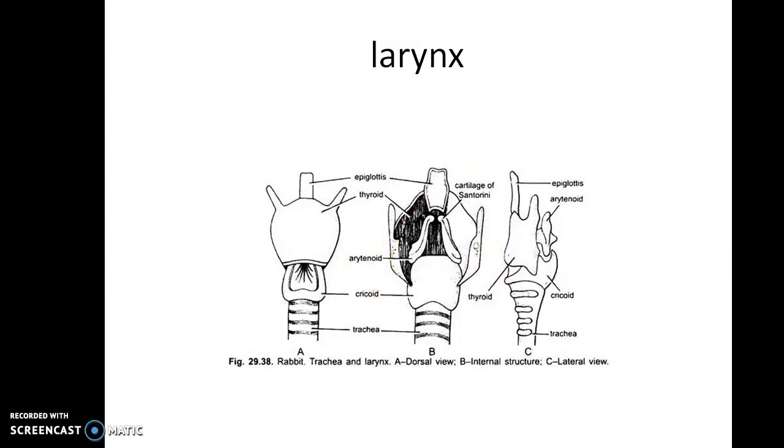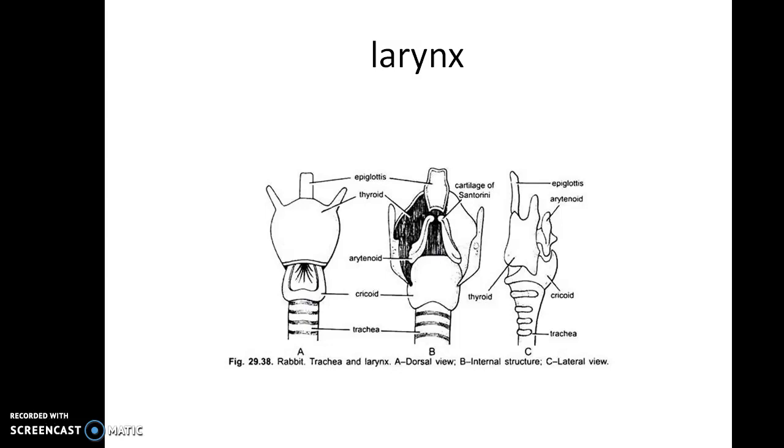Connected to the apex of the arytenoid cartilage. This is the arytenoid cartilage and this is the apex or the tip. Is a small nodule-like cartilage called cartilage of Santorini. Stretching between the thyroid and the arytenoid are a pair of vocal cords.